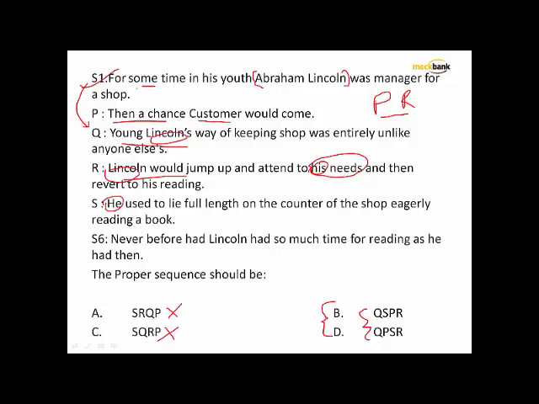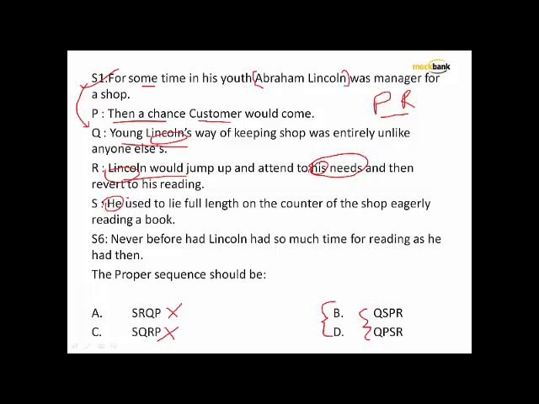So I'll read through this. For some time in his youth, Abraham Lincoln was manager for a shop. Young Lincoln's way of keeping shop was entirely unlike anyone else's. After Q we have S, after Q we have P. Then a chance customer would come, and then in statement number S he writes, he used to lie full length on the counter of the shop eagerly reading a book.